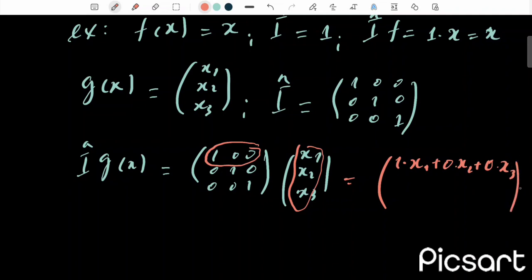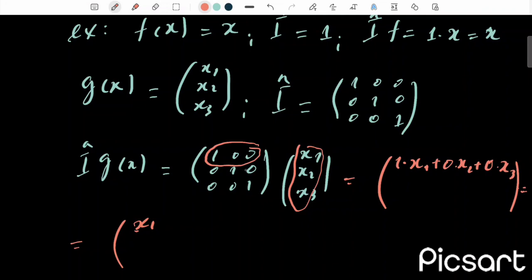Here we can see that when we multiply 1 by x1, we get only x1, and 0 times x2 is equal to 0, 0 times x3 also is equal to 0. Then we have only x1.